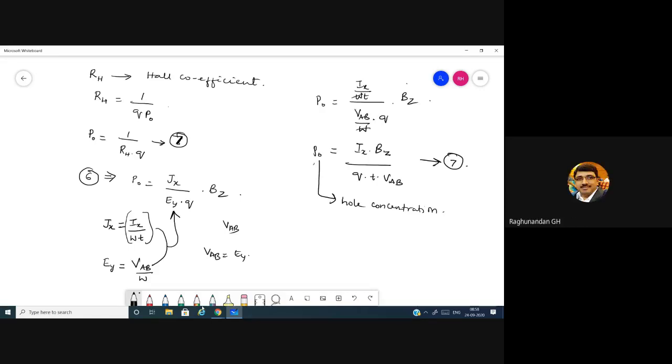Impedance? That is okay, with respect to some material I'm talking. Resistivity, sir. Yes, resistivity. Now our next thing is we have to write an equation for resistivity.